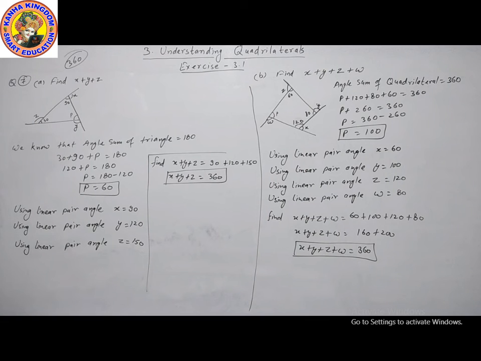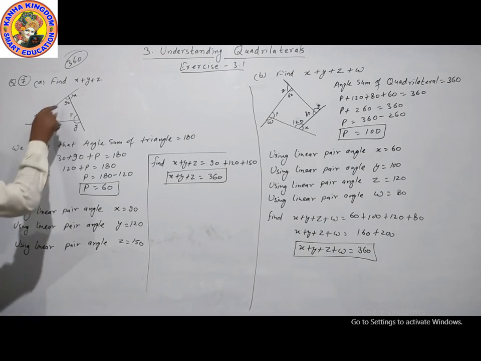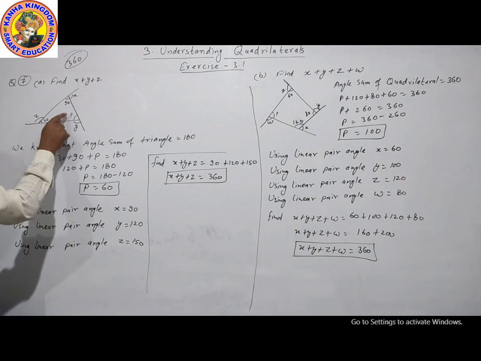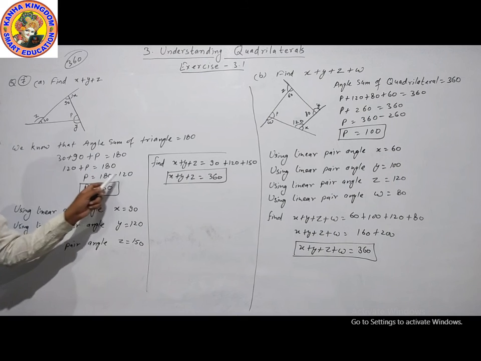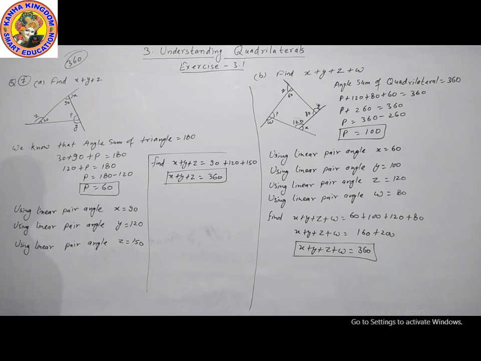Now let's take it again from the beginning. Question number 7. Find X plus Y plus Z. Here is a triangle. This angle is missing, so we will name this angle P. The angle sum of a triangle is 180. So 30 plus 90 plus P is equal to 180. 30 plus 90 is 120, transposing 120, we get the answer P is 60.